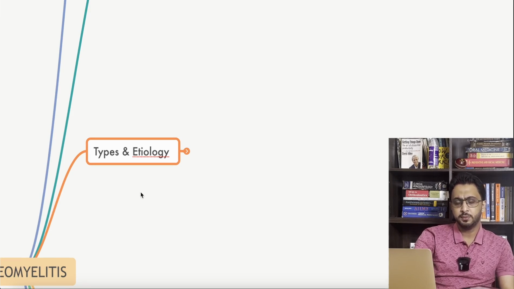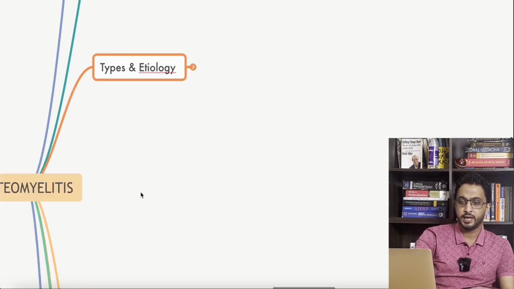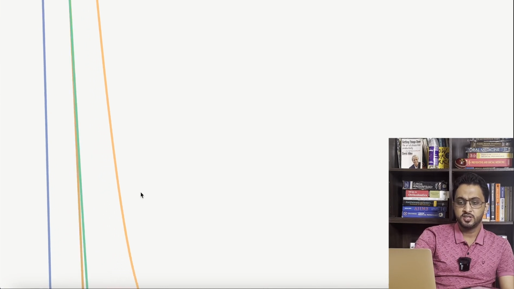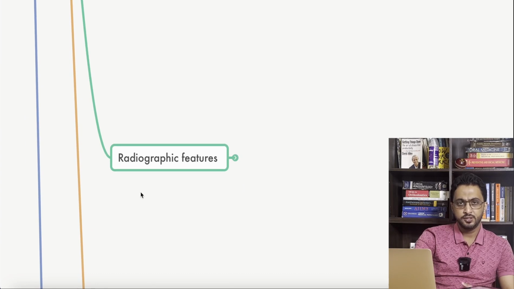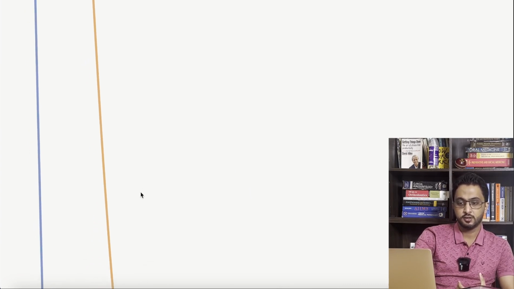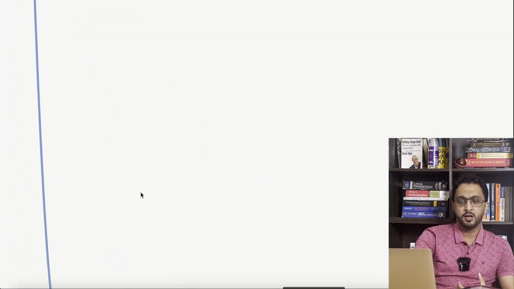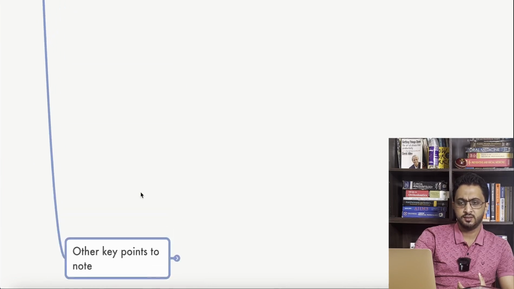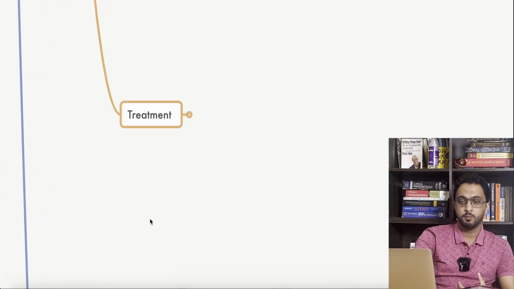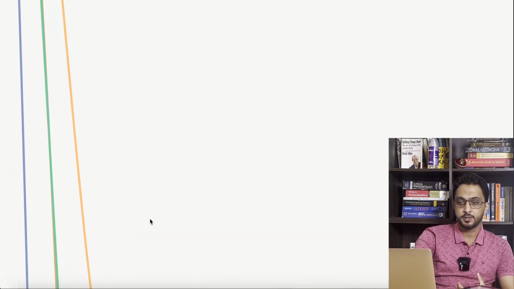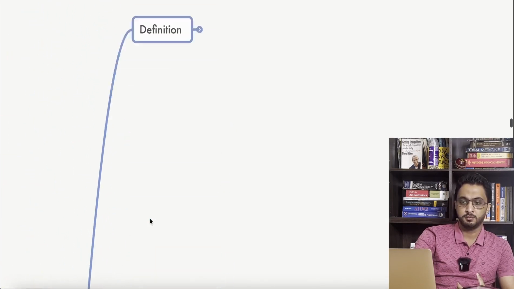Then the different types, which is a very important part: how to differentiate the types based on clinical features, etiology and radiographic features. A few of these we discussed in our previous clinical discussion. Then the treatment part, not very important but good to understand. And then finally a few more points to note, very key points from the exam perspective, and finally a summary.